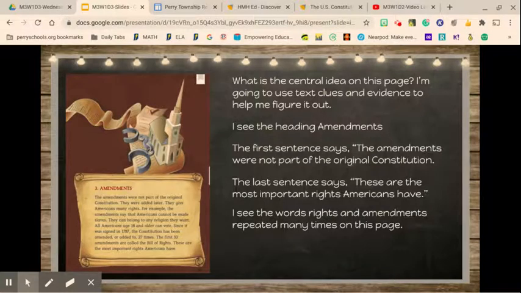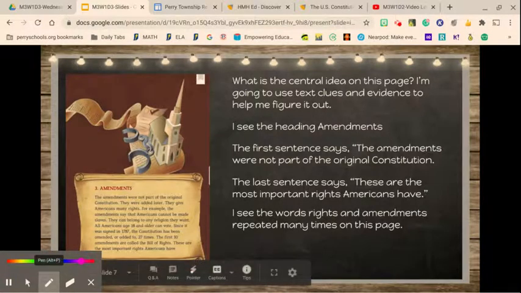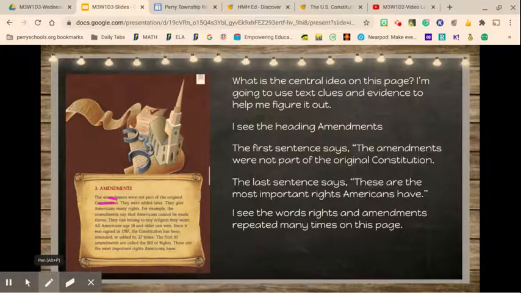And I can see some words that are repeated are amendments. I can see Constitution a lot, but one of the other ones that I see is rights. Amendments. There's amended, Bill of Rights. Americans have those important rights.